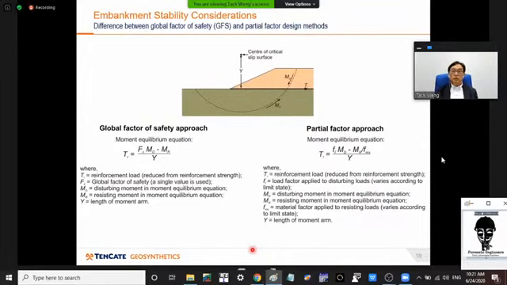There are actually 2 approaches to determining the factor of safety that a certain embankment profile has, or it can be used in the equation to determine the tensile strength of the basal reinforcement that needs to be provided, so that you have got adequate safety.